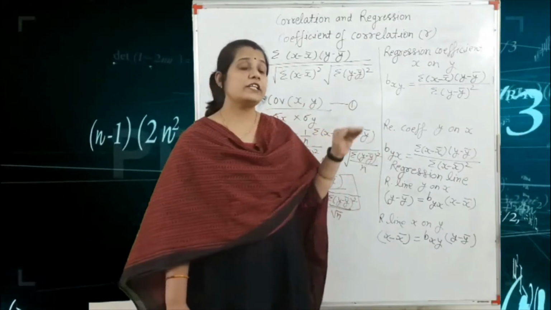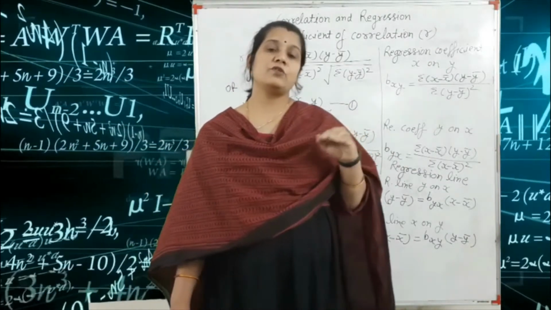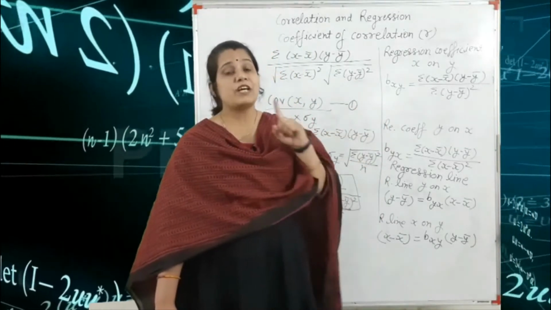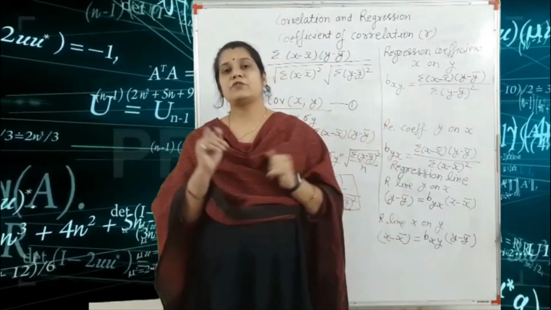If bxy is negative, then byx is also negative. If bxy is positive, then byx is also positive. The sign of the correlation coefficient depends on the two regression coefficients.